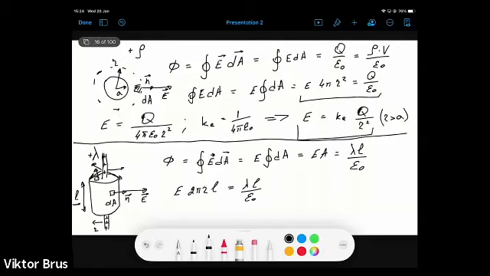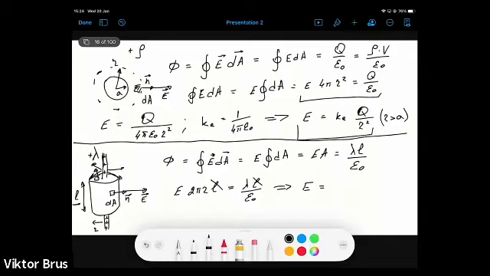From here we can cancel out the height of the cylinder, and we get an expression for the electric field at any point next to the infinite charge line with linear charge density lambda at a distance equal to r.